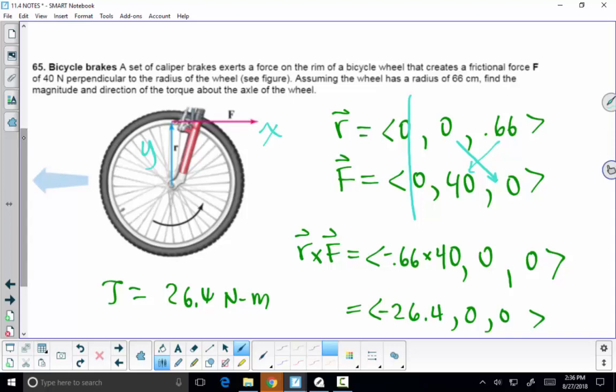If we did z in and out of the board, we would have to go from x to y, so the positive z-axis would be out. So we would just label these a little bit differently.